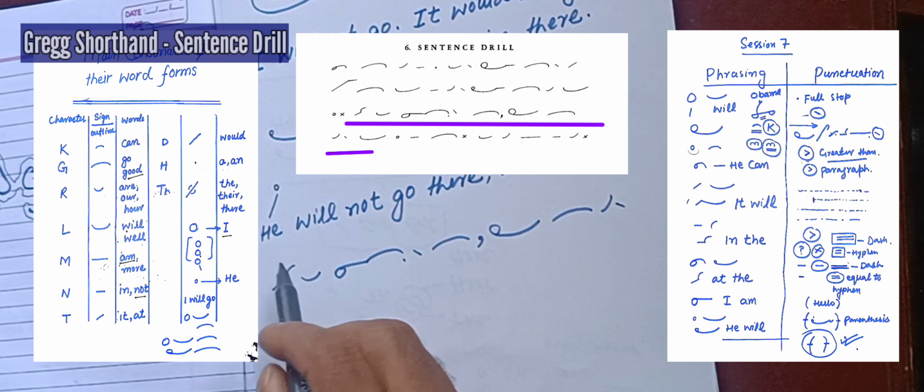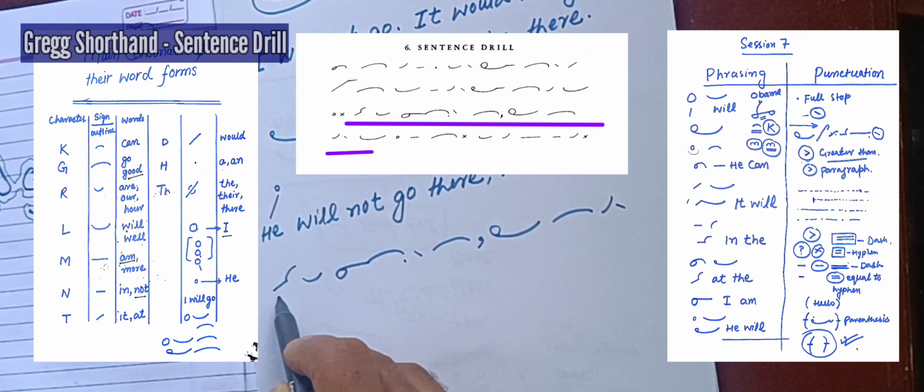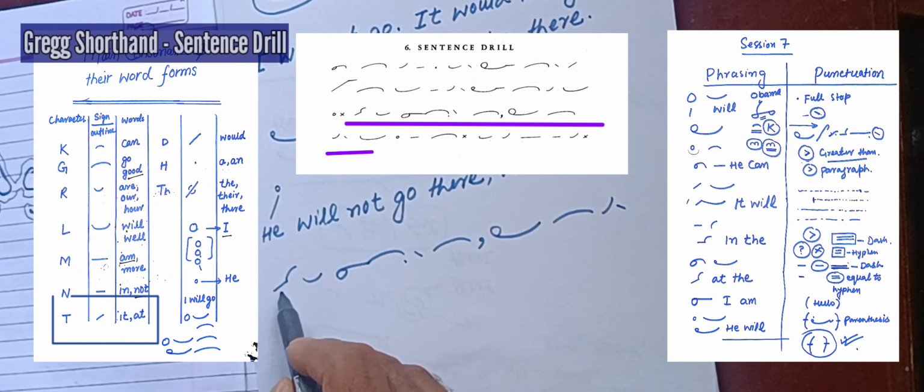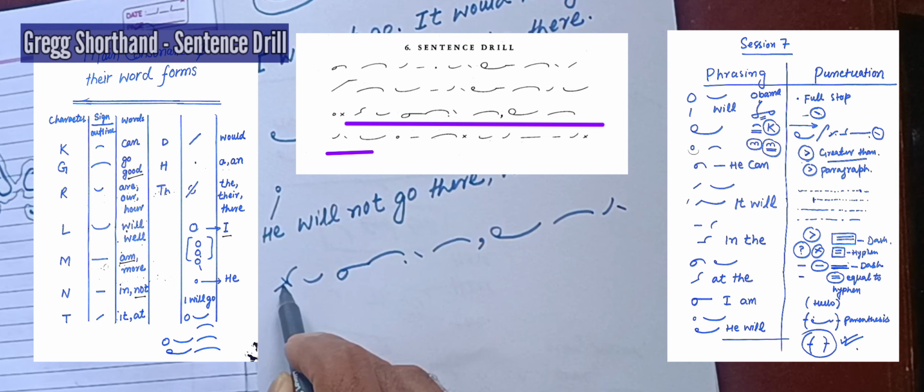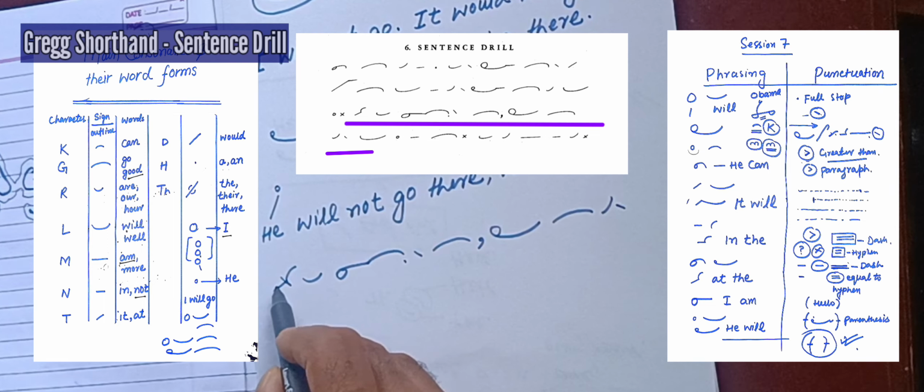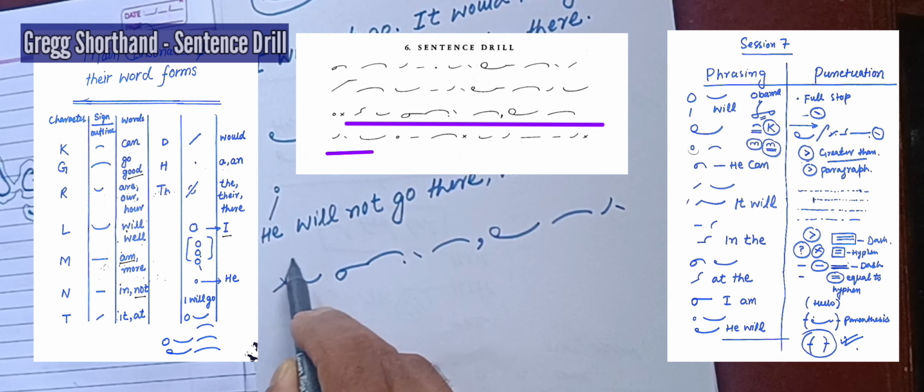So let's decode this again. If you remember, I told you this has two meanings. Either it, this is T, right? It's either it or at.